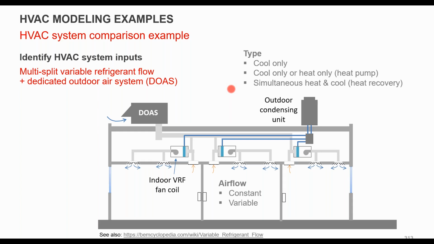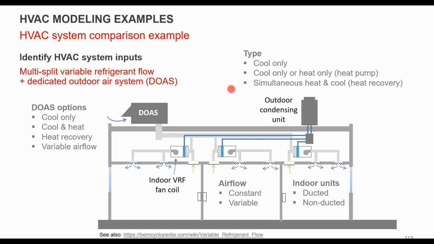So similarly, you need to understand what your indoor units are doing, if they're constant or variable. Ducted, non-ducted will change the static pressure of your indoor systems, so fan power will change. And then we're adding in the DOAS, which again is like one of the rooftop units we were looking at before, but you've got to consider the heat source, cooling source, whether there's heat recovery, and the schedule of that unit as well.